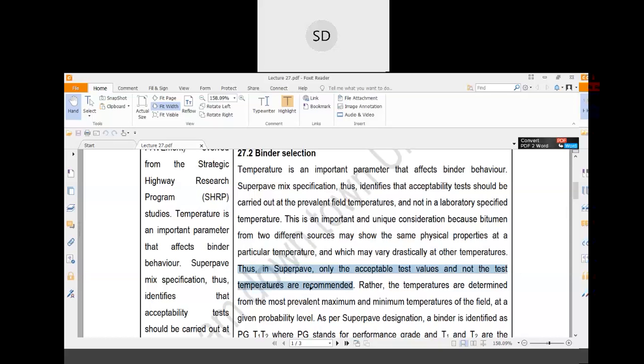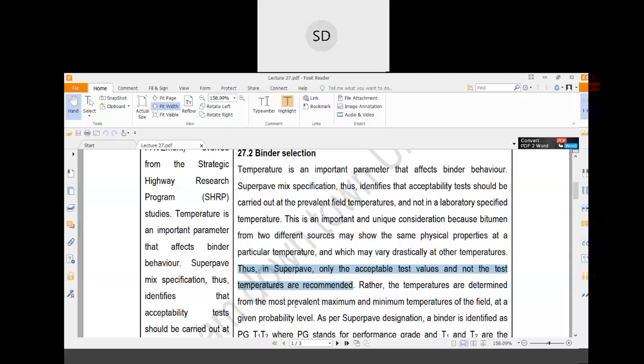Why are test temperatures not recommended? Because the actual field temperature may vary depending on the different environmental conditions. Suppose your penetration value at 30 degrees Celsius is like 80 or 70. But in the field, the temperature may be 40 degrees Celsius, maybe 45 degrees Celsius, maybe 20 degrees Celsius.